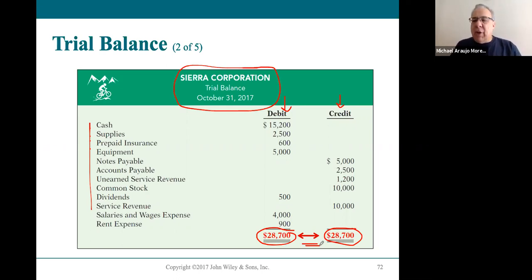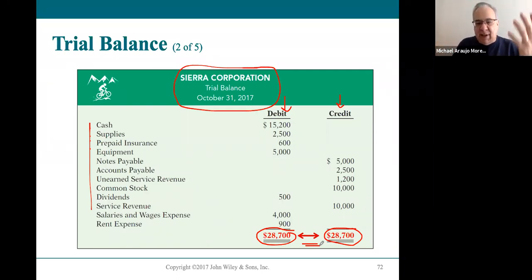So if you've done everything correctly and your balances in your ledger are correct, you simply are listing the accounts, listing those balances, and adding them down.